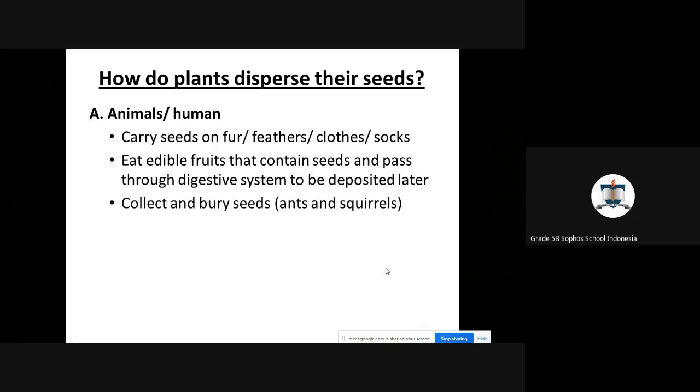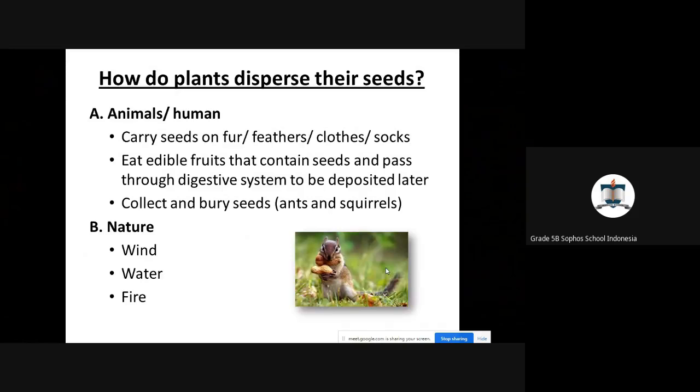And some animals will collect and bury seeds, for example ants and squirrels. The rest will be dispersed by wind, water, and fire, with the help of nature. So this is the example of seeds dispersed by animals.